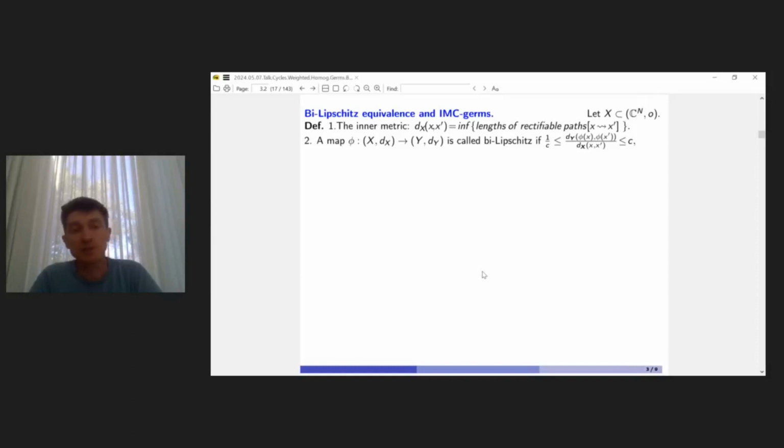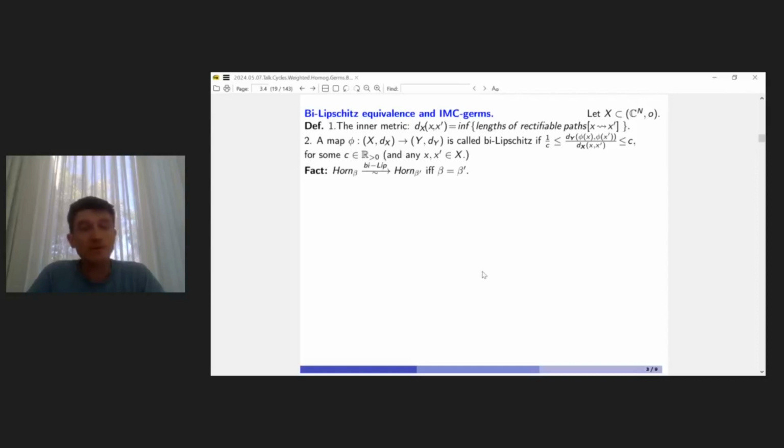And then once we have 2 germs with their metrics, and suppose we have a map, then the homeomorphism will be called bi-Lipschitz if it distorts the metric not too much, in a controllable way. So for some strictly positive constant, and once we fix this constant, it holds for any 2 points on X.